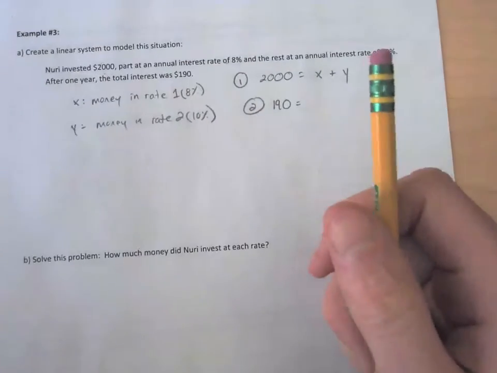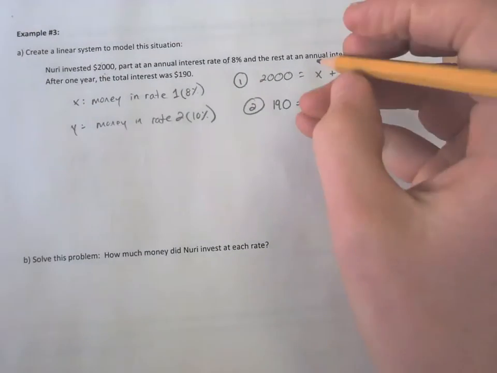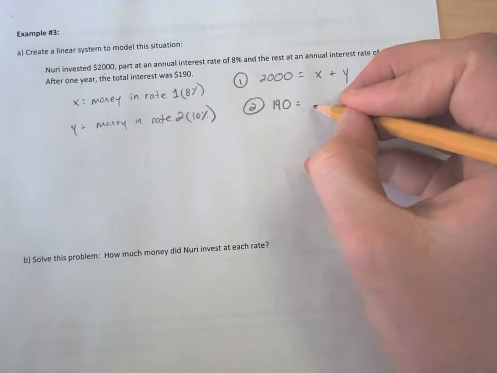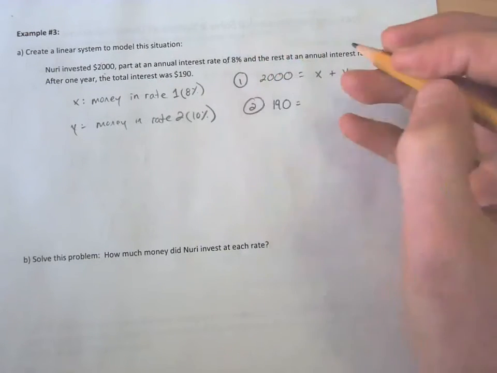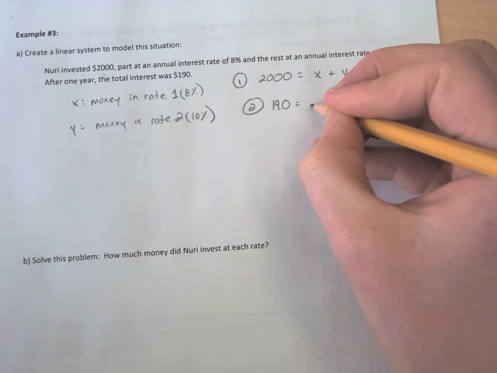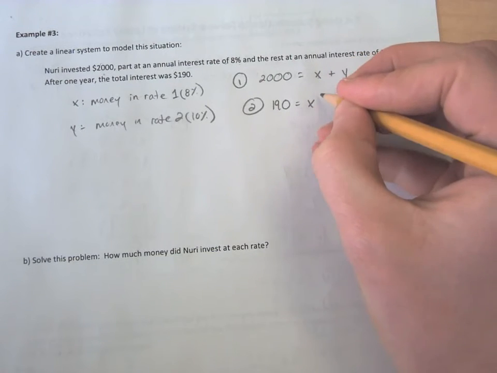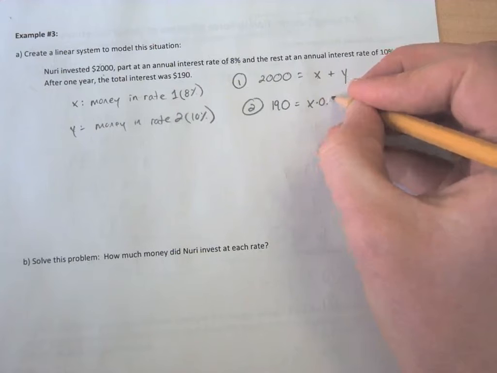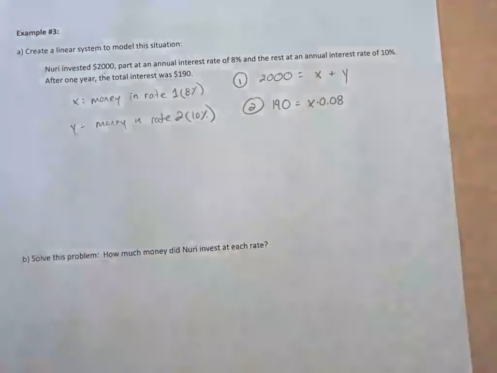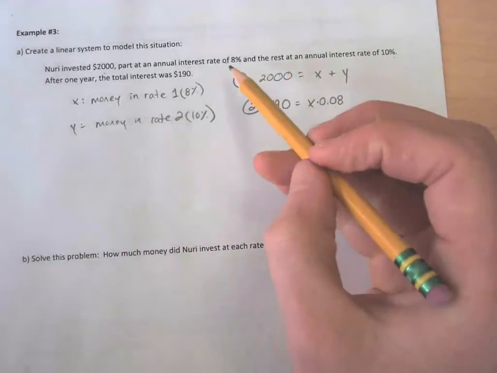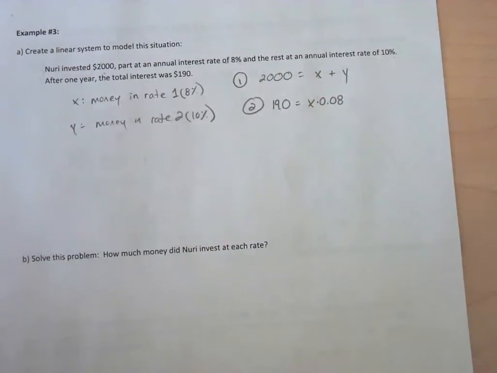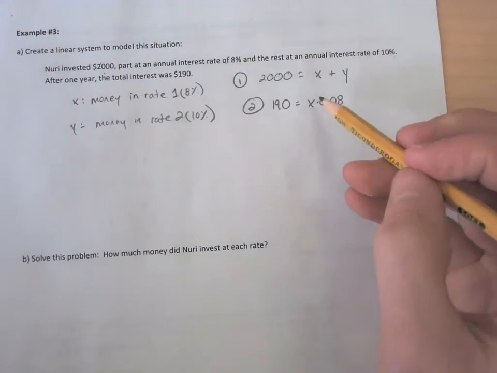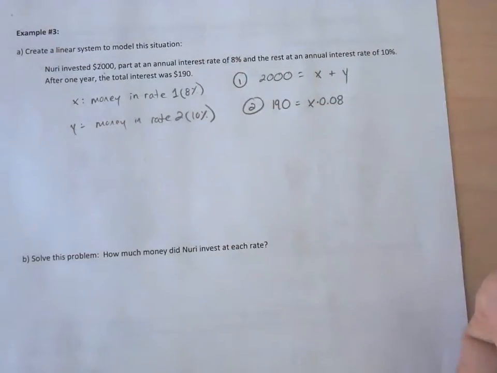So it's the interest from rate 1, which is the amount of money you invested at rate 1 times 8%. And how did I get 0.08? You take your percent and you divide by 100. Whenever you're using percentages, you generally take the number and divide by 100. You don't actually use the number itself in math.